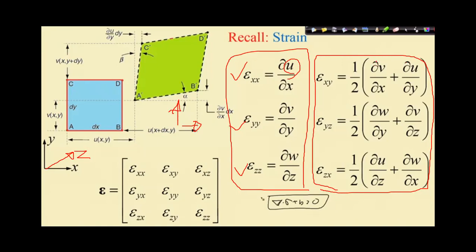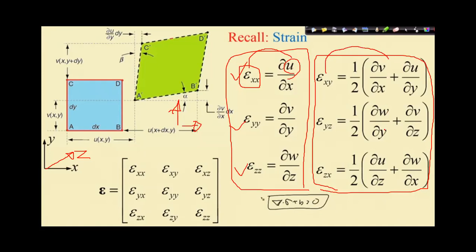And this gives you the partial derivative of v with respect to x. So this really tells you how the strain relates to the displacement, and how the shear strain relates to the displacement.